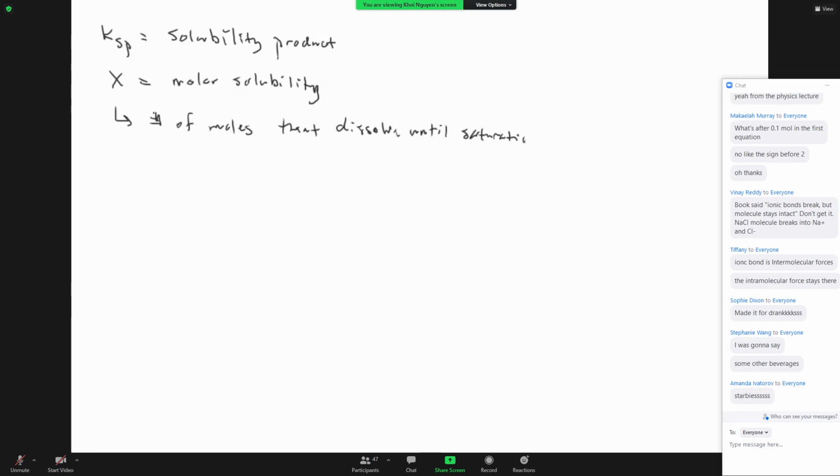So this molar solubility tells us how many moles we dissolve until saturation. So the key rule between using KSP and X is when comparing salts, sugar, anything that's soluble, salts is just a general term for it, use molar solubility, not solubility product, okay?